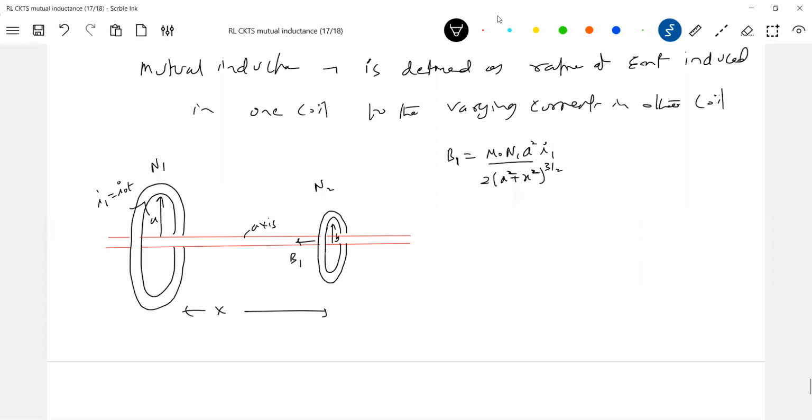Now, is there any flux linking the second ring? Flux linking the second ring, or coil 2, you can write it as phi 2. So what should be phi 2? Number of turns N2 into B1 into pi b square, where B1 is mu naught N1 A square I1 by 2 (A square plus X square) to the power of 3 by 2.